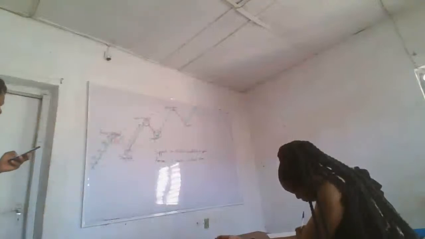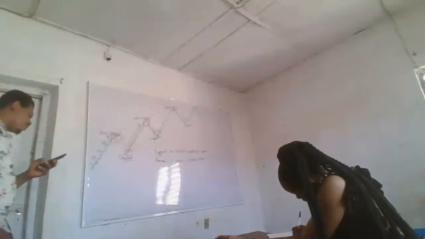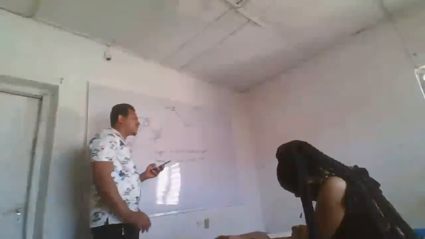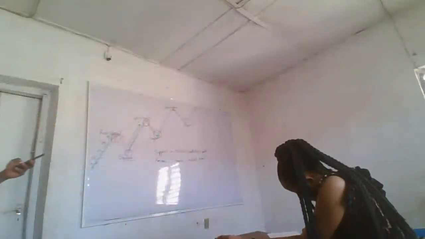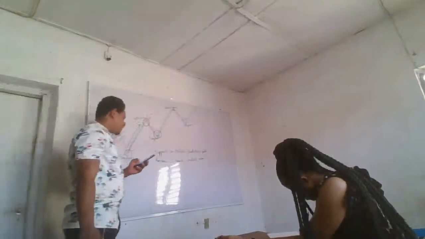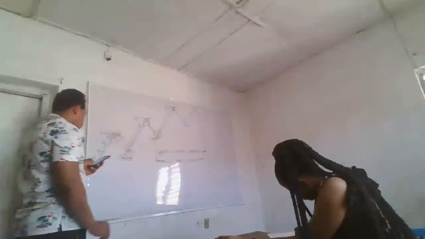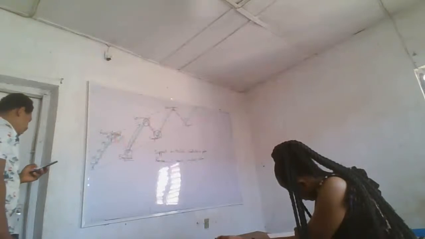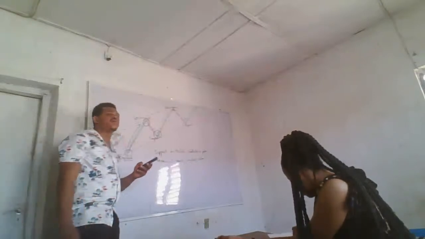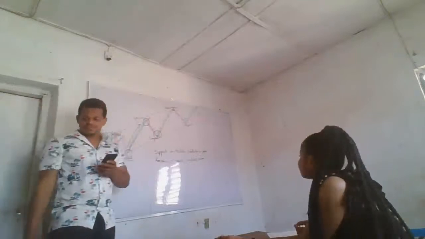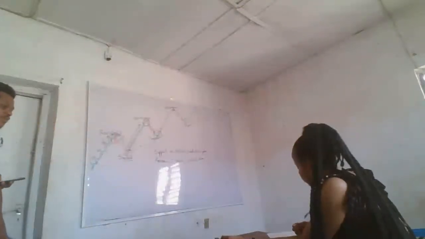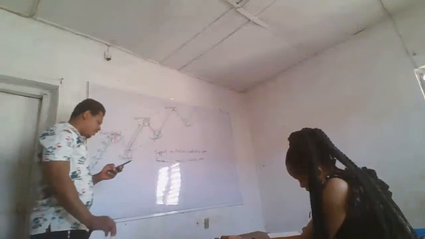Resistance levels indicate where there will be a surplus of sellers. Full stop. Paragraph again.